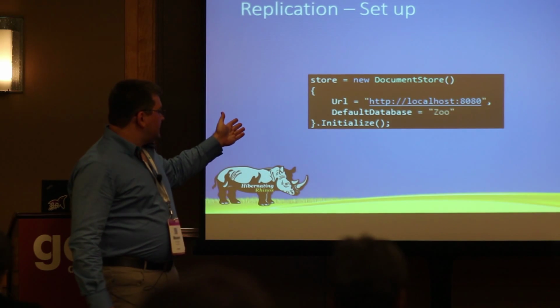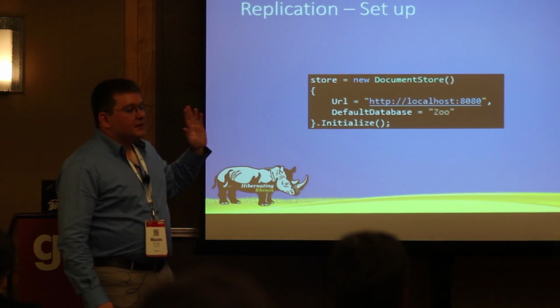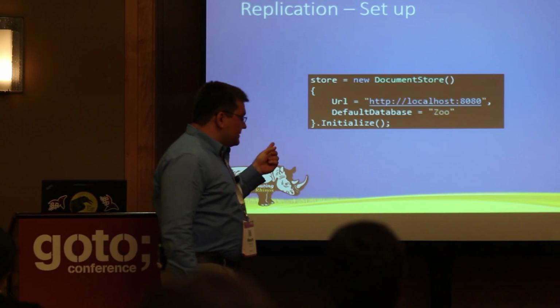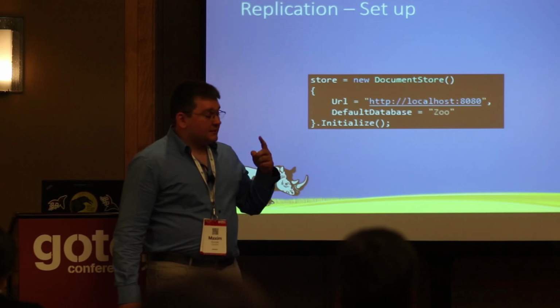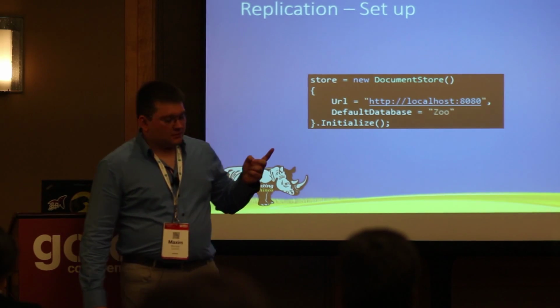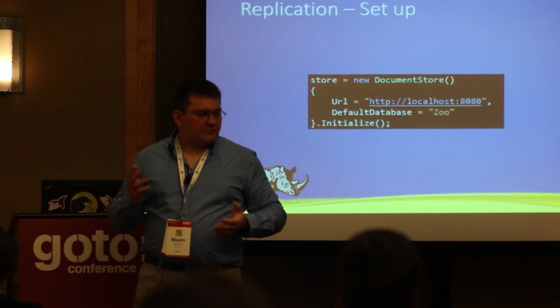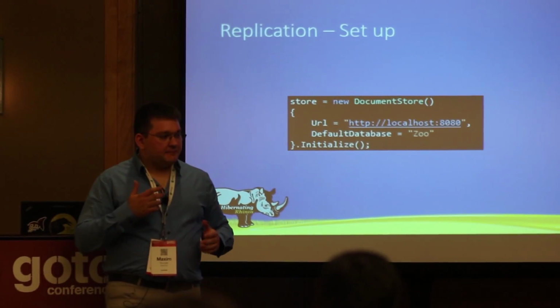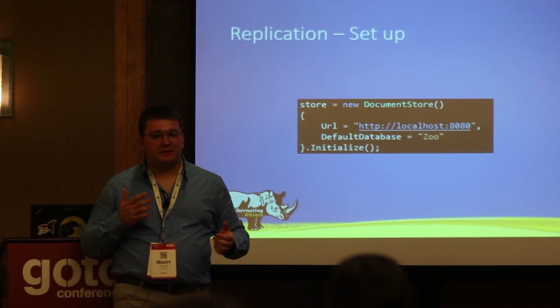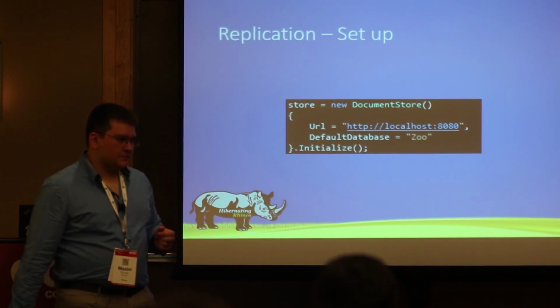You state the URL, you state the database, you're good to go. What happens in the client API, it asks the 8080 database, well, who are your replicas? And it answers him. And the client API knows what its behavior should be from now on.